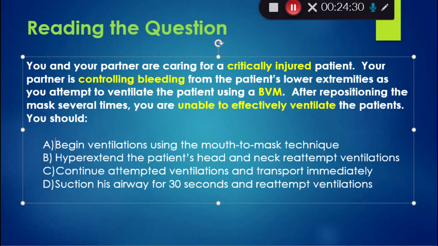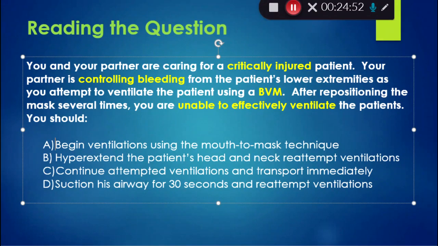My patient is hurt. So I should be using the jaw thrust technique so that I'm not moving that spine. So I think hyperextending the patient's head and neck right here could potentially be harmful. Okay. So I'm gonna keep going.